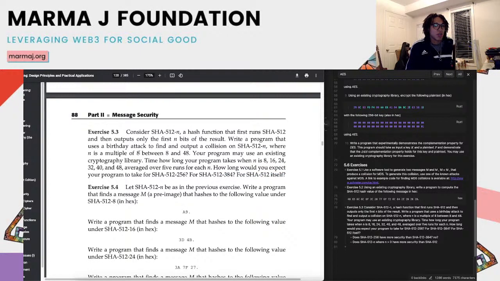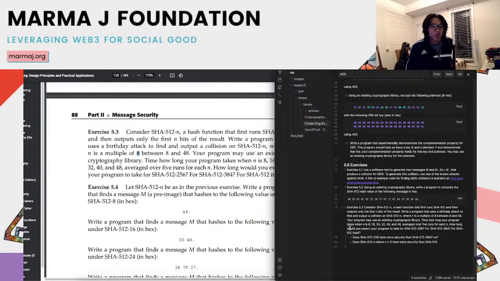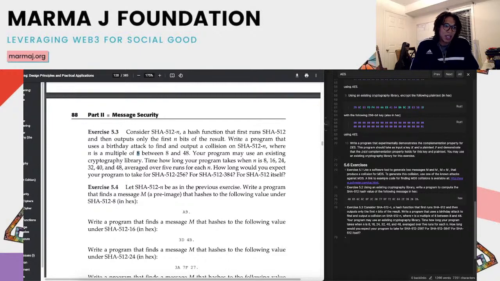Here you're just finding a collision with n bits? Yeah, just with n bits. So okay, I feel like I understand the question a lot more now. It's not as confusing as I thought it was. And it seems like a good exercise for writing a program in Rust for trying to find collisions in 8, 16, 24, 32, 40, and 48 bits.